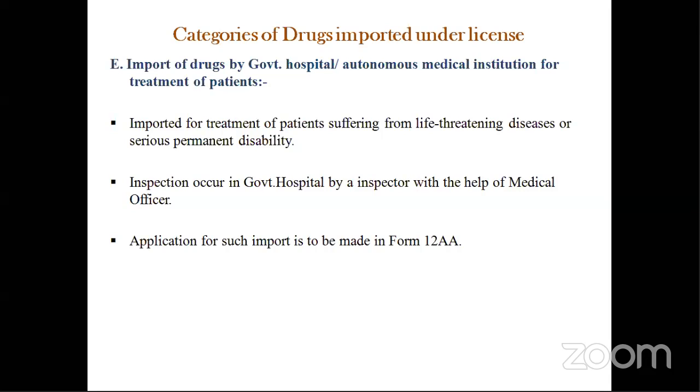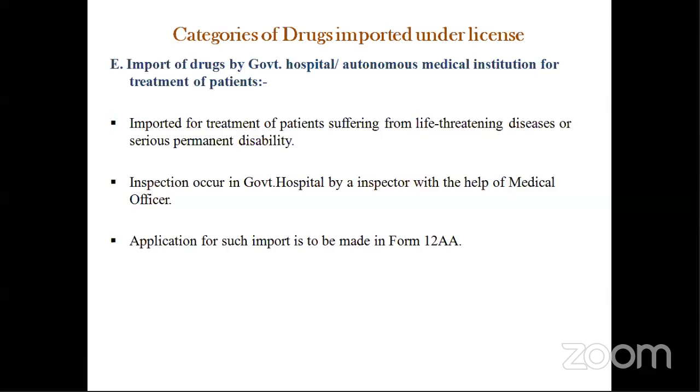They have no permission to prepare drugs or tablets using industries. So Kolkata-based government hospitals prepare these tablets or formulations and send them to village area hospitals. These are required in emergency cases, life-threatening disease or serious permanent disability. When these types of disorders happen, the government manages these possibilities.